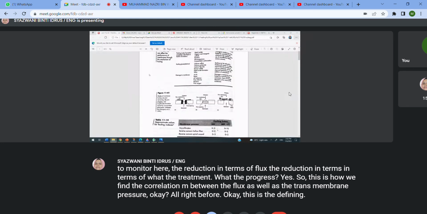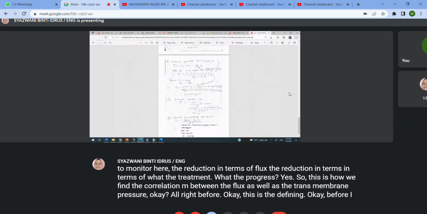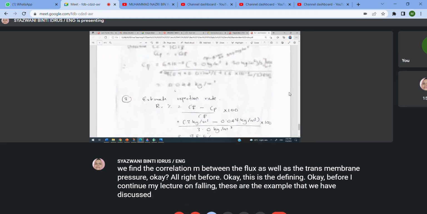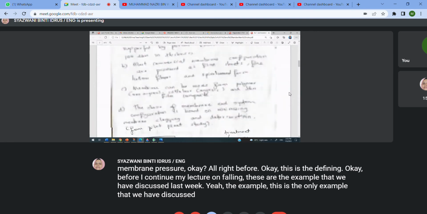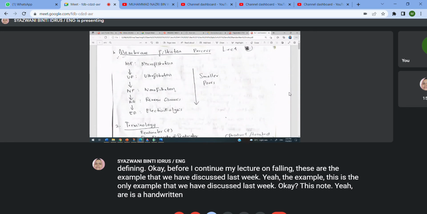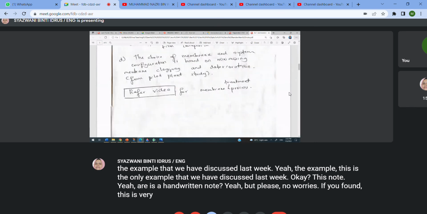Okay, before I continue my lecture on fouling, these are the examples that we have discussed last week. This is the only example that we have discussed last week. This note is a handwritten note, but please no worries if you find it very difficult to understand.